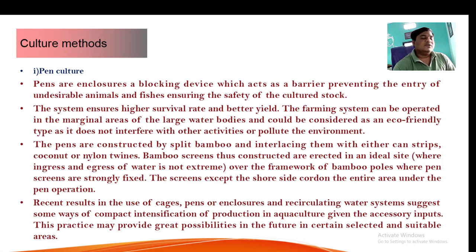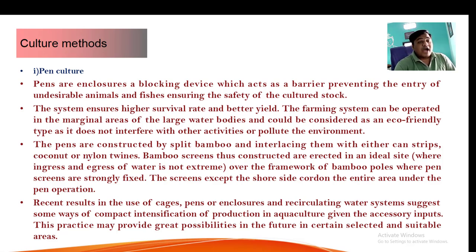So pen culture gives a higher survival rate when we release the fingerlings or other fish species in the particular area. It gives a higher survival rate along with better yield, meaning production is more in pen culture.